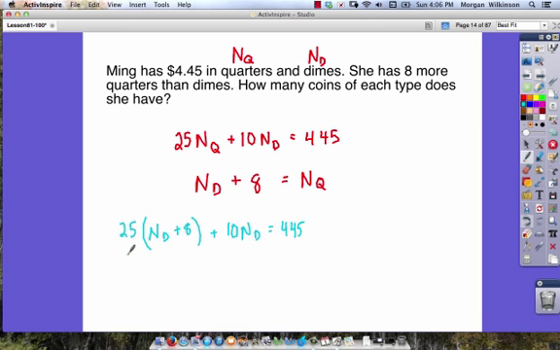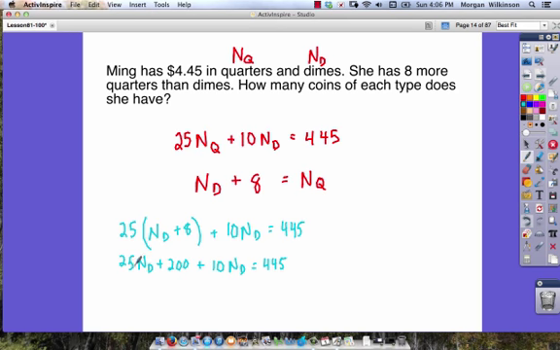We'll use our distributive property, 25 times the number of dimes plus 200, because 25 times 8, well, 8 quarters must be $2, so 25 times 8 is 200, plus 10 times the number of dimes equals 445.